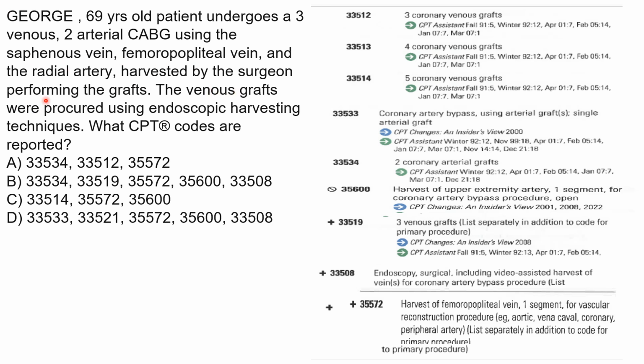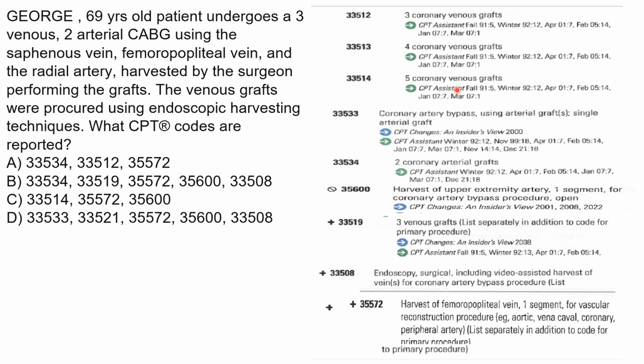And for that we will require the arterial graft code from 33533, but venous graft codes are the add-on codes. Always remember, in an AV graft, arterial graft codes are the primary codes, but the venous graft codes are the add-on codes. So by seeing that, we can eliminate 2 wrong options, because 33512 is not an add-on code, and this is the venous graft, so I cannot use this code.